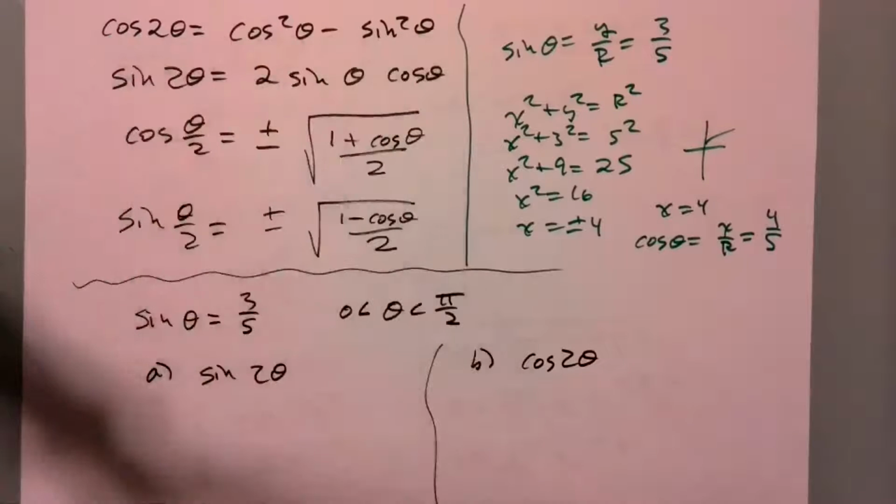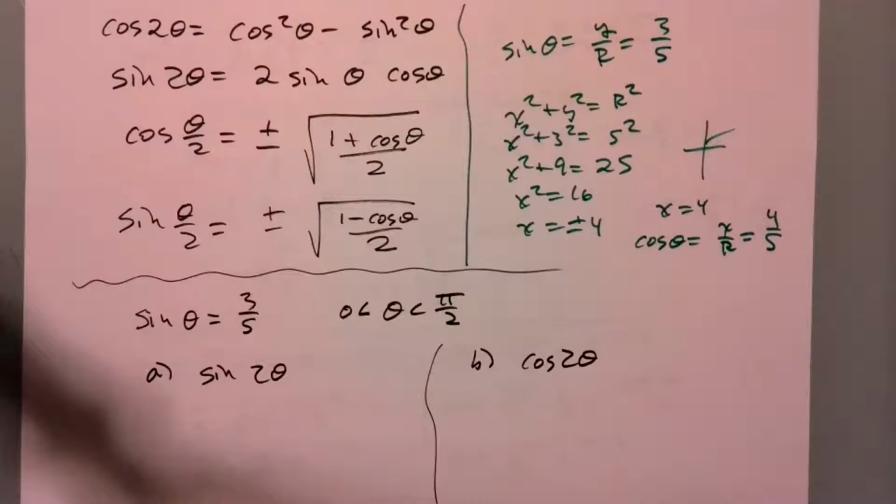There's your identity for cos of 2 theta. So Hazem has given us cosine. I've given you cosine. We can have one brave soul write down the value.